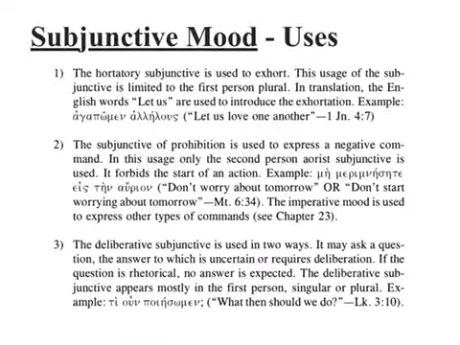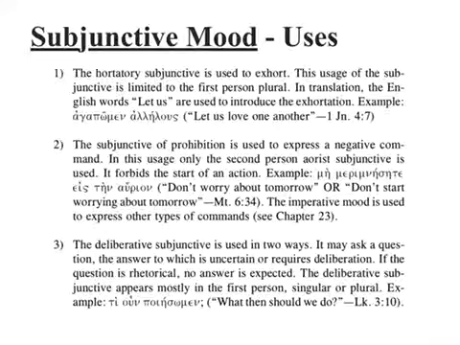There are about four or five different uses for the subjunctive. The first one, straight out of your book, is the hortatory subjunctive, which is basically translated with the English words "let us." The example from 1 John 4:7, agapomen allelous, is "let us love one another."